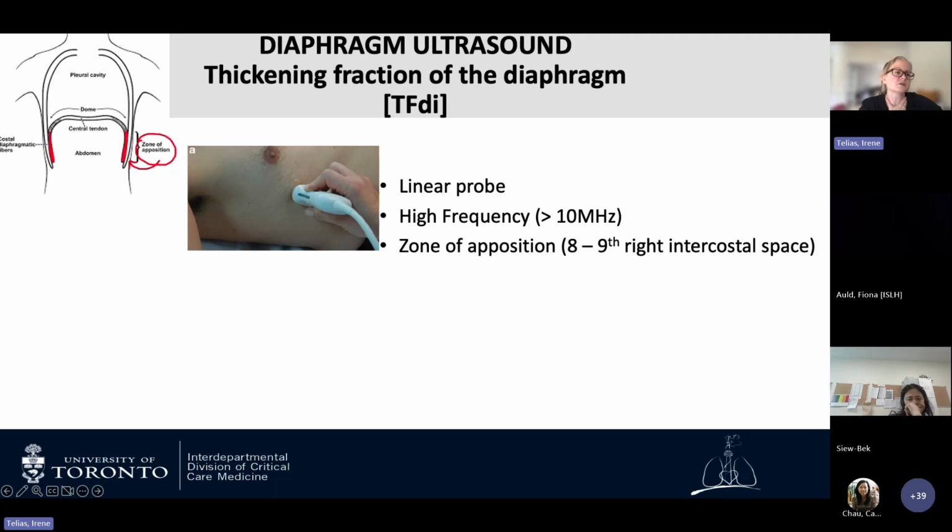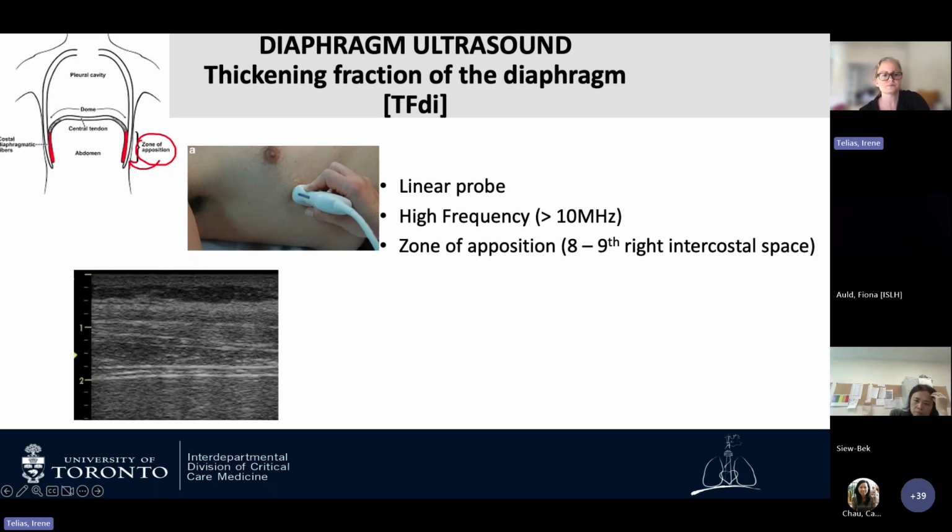So we take advantage of the diaphragm's anatomy. There's a portion of the diaphragm that goes just next to the chest wall, highlighted in red on both sides. So it's very easy to see the diaphragm by placing this ultrasound probe in an intercostal space on the chest wall.